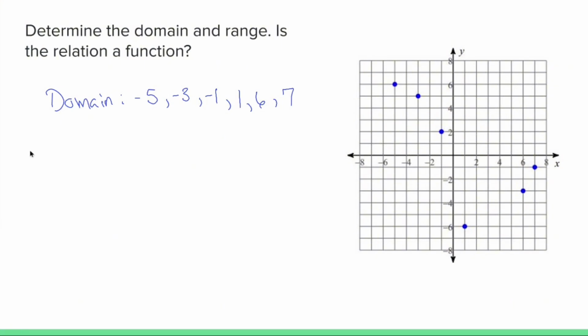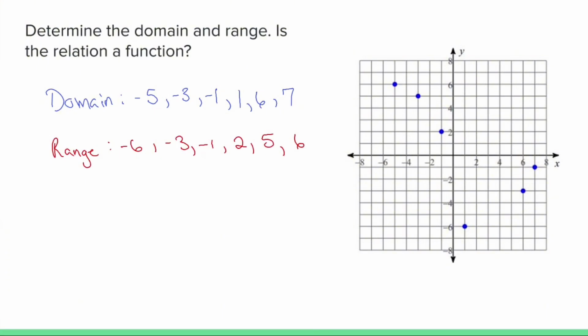That's my domain. My range is going to be the y values used. So let's go least to greatest: down 6, so my range is -6, down 3, -3, down 1, -1, up 2, +2, up 5, +5, and up 6, +6.